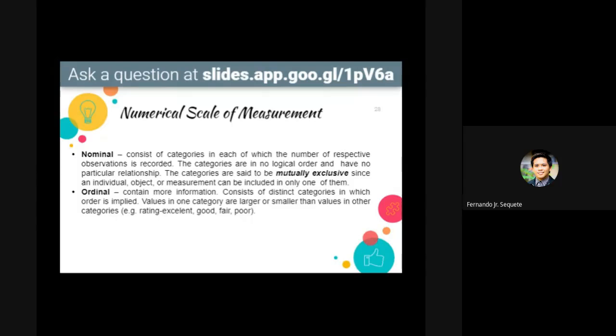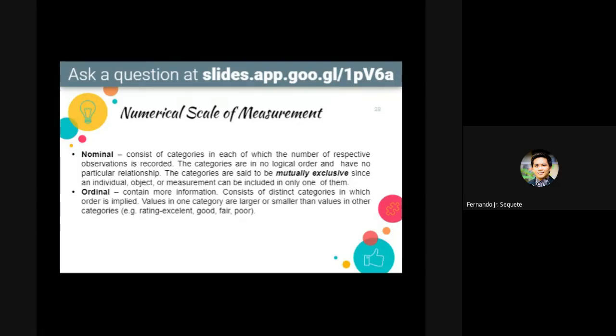And at the same time, in ordinal, children, there is no relationship between rank 1 and rank 2. What does that mean? For example, if I am top 1, it doesn't mean you should be top 2. No certain relationship also. Okay?